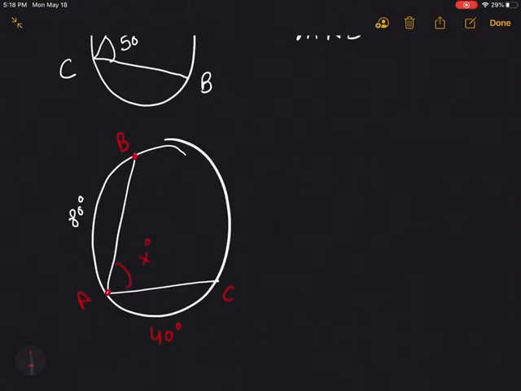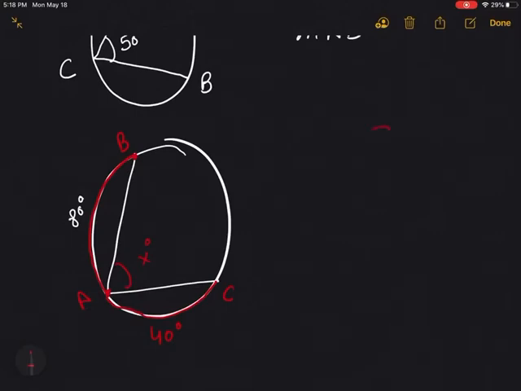In order to solve for that angle or the arc, you need one of those variables. If not, it's hard to figure out. But I know the rest of the information. The AB part is 80, and AC is this part here, 40. So 80 and 40 together make 120.